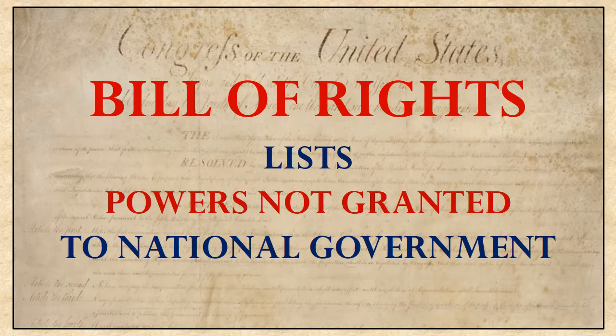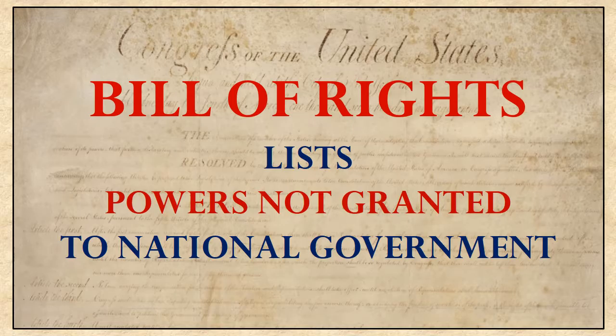They would say that because the Bill of Rights is a list of rights, which you learned in the first lesson really means it's a list of powers that were not granted to the national government. Remember, we have this traditional American view of negative rights. A right is something that is not under government control.